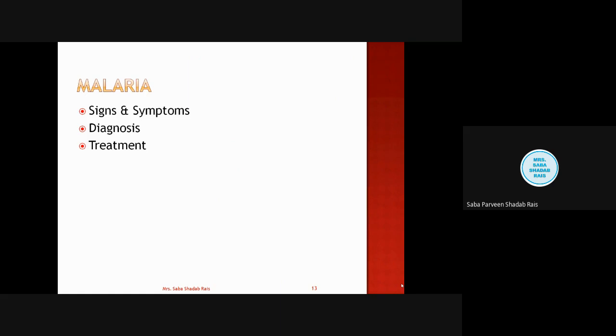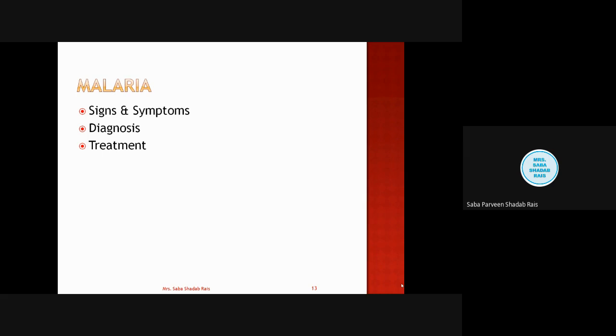They suck the blood of humans, and at the time of sucking, she may be harboring the parasite. Not every time: even if a female Anopheles mosquito bites you, she will give you this infection only if she is harboring the protozoa in her salivary gut. This disease affects humans as well as other animals.